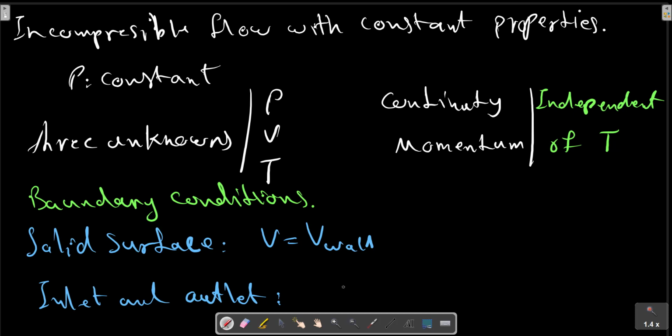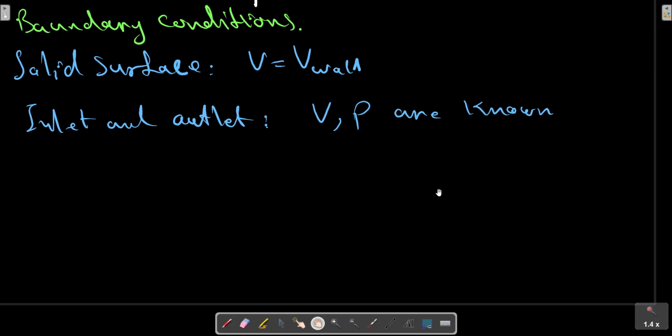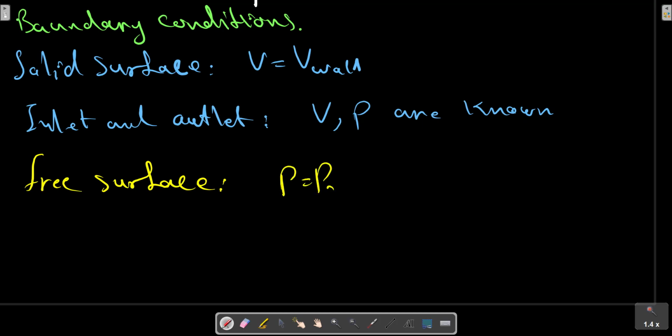We have a function, for example, for velocity and P are known. There are also some boundary conditions in the solid interface and also the gas interface related to the free surface, in which P equals to PA.